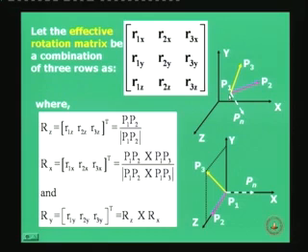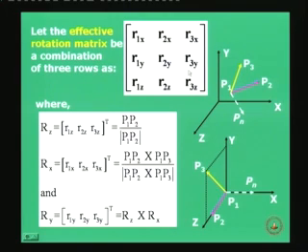The unit vector along P1 Pn can be obtained by the cross product of P1 P2 and P1 P3 divided by the norm, and that gives the elements R1x, R2x, R3x respectively. So, the top row and the last row elements or coefficients of the matrix are already obtained.